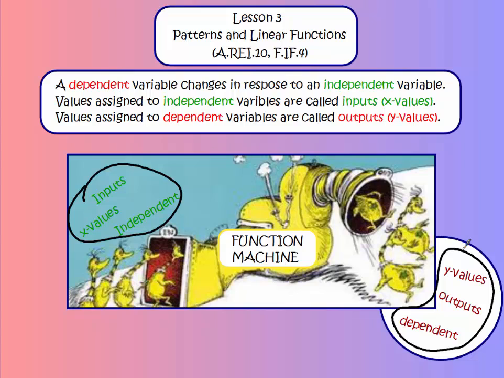We could, however, choose to put a sneech in with 4 stars already on its belly, and it would have to come out with 5 because the machine is adding 1 star. So as long as whatever goes in comes out, then this is a function. Remember, for every single piece of the domain, it has to match up with exactly one thing in the range.